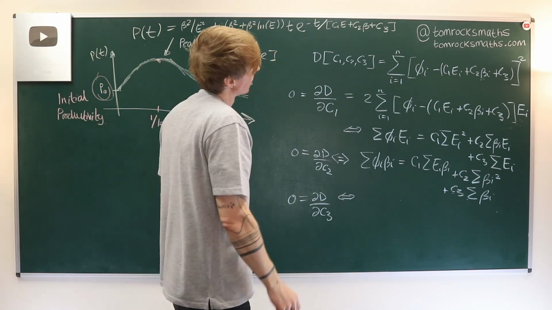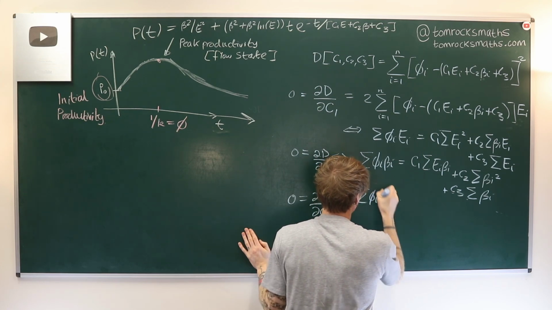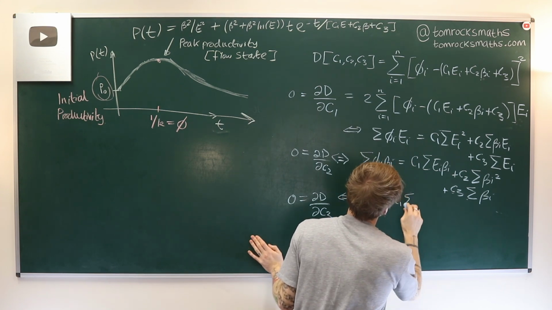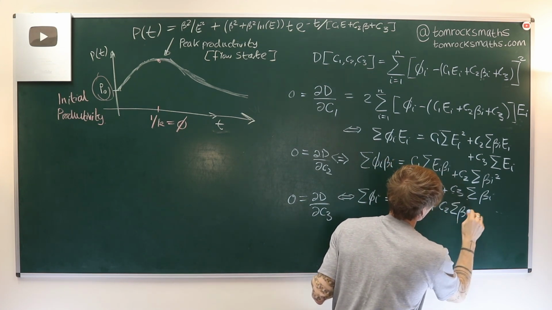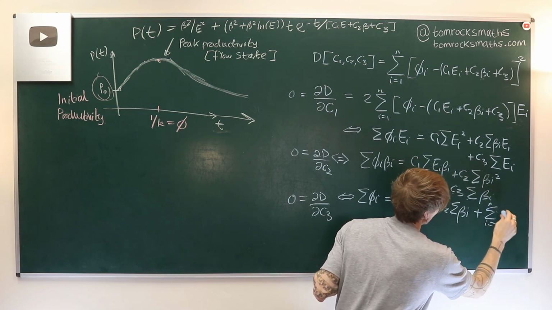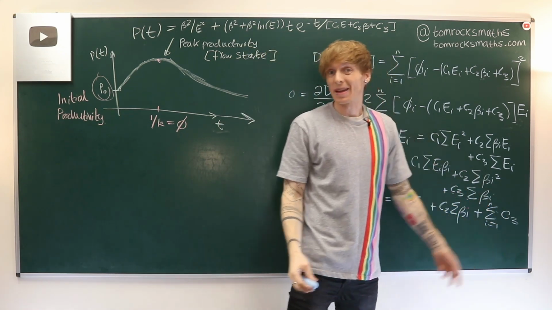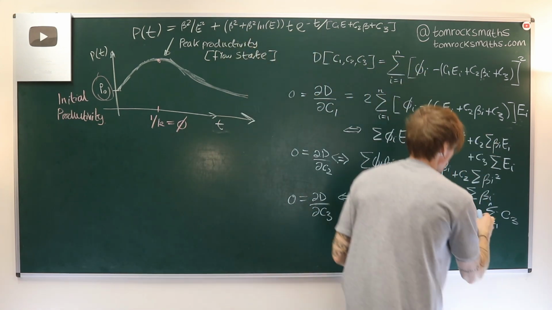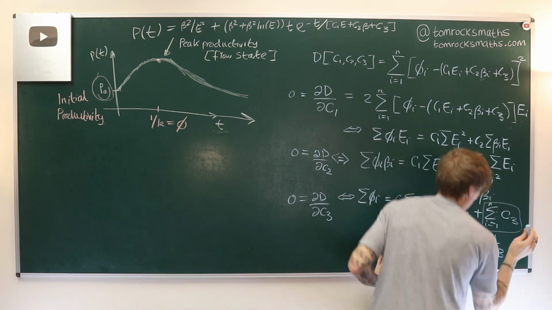So this time, we're just going to be left with the sum of phi_i, nothing from the chain rule, is equal to then C1 times the sum of E_i plus C2 times the sum of the beta_i's plus the sum from 1 to n of C3. Now, of course, C3 doesn't depend on i, so you're just adding it to itself n times. So I could actually say this final term here is just equal to n lots of C3.